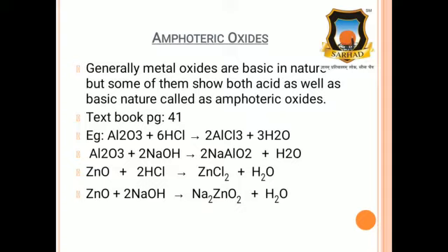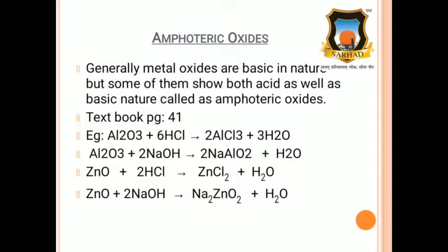called amphoteric oxides. See, whenever you take a metal oxide, for example MgO, magnesium oxide, and if you dissolve it in water, it forms magnesium hydroxide. But magnesium hydroxide, when you check it with litmus paper, it will show you the basic nature, means your red litmus paper turns into the blue one.